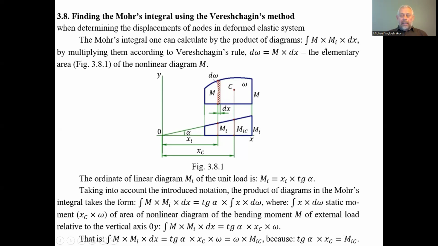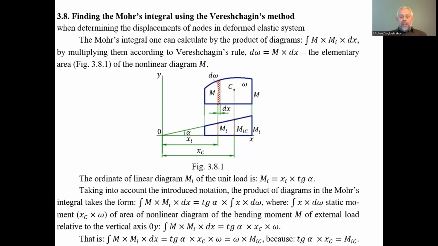The denominator here is the product of the elasticity modulus and the moment of inertia of the area of the cross section of the element of the mechanical system. But it is out of our interest because we will talk about the product of the diagrams.